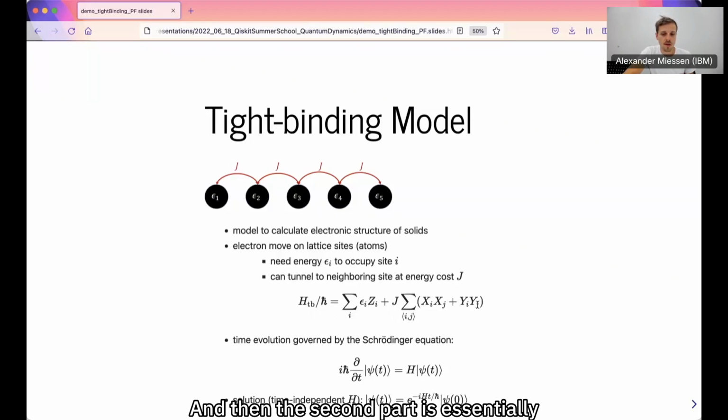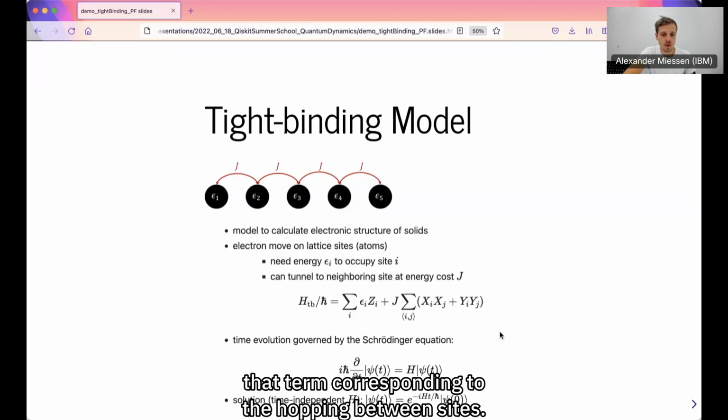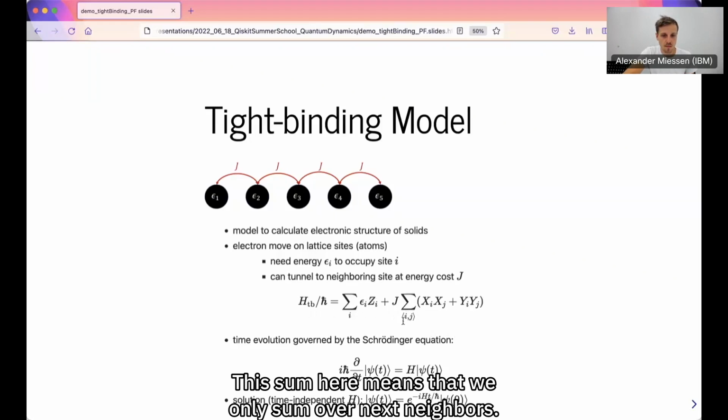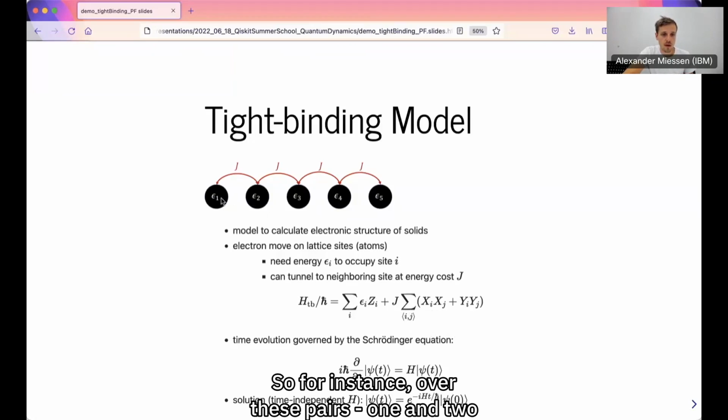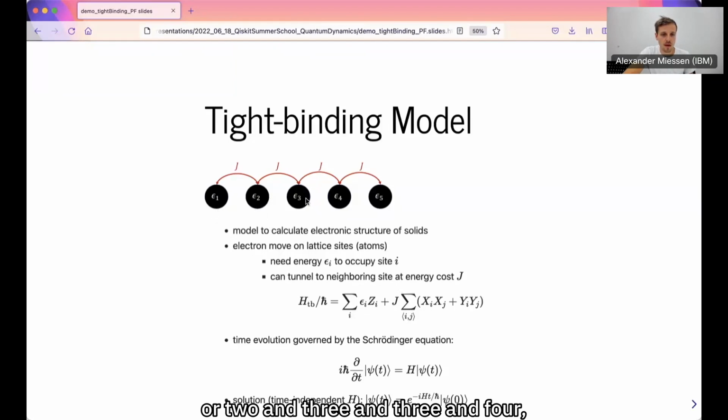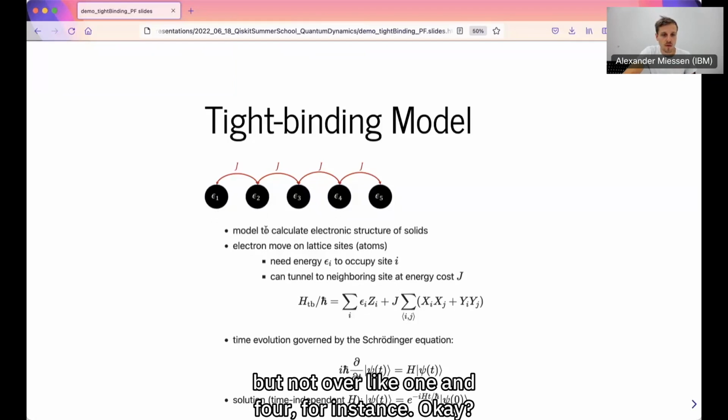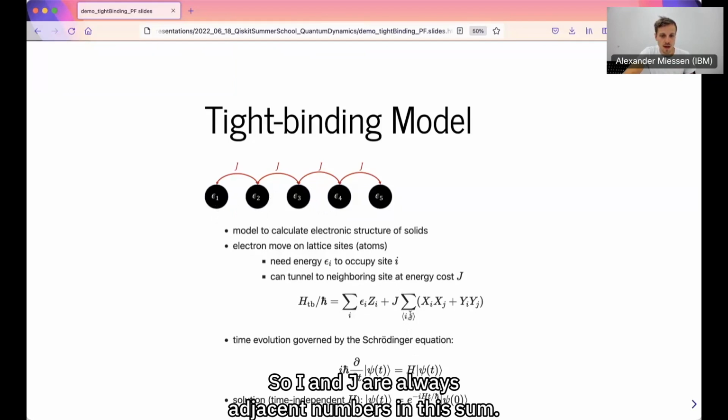And then the second part is essentially the term corresponding to the hopping between sites. This sum here means that we only sum over nearest neighbors. So for instance, over these pairs 1 and 2, and 2 and 3, and 3 and 4, but not over 1 and 4, for instance, okay? So i and j are always adjacent numbers in this sum.